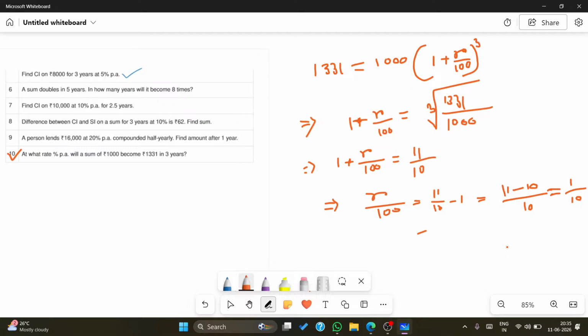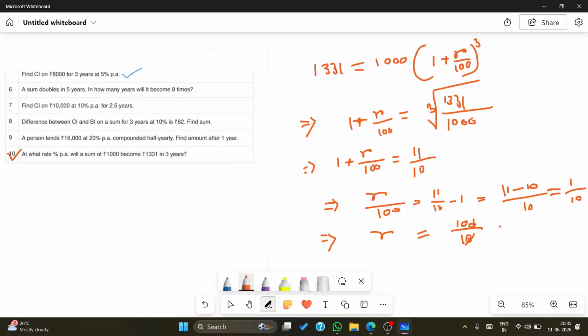R equals how much? R equals 100 divided by 10, that means 10.